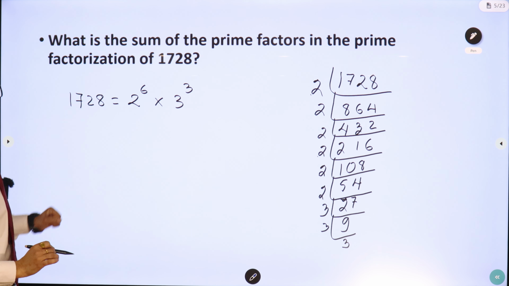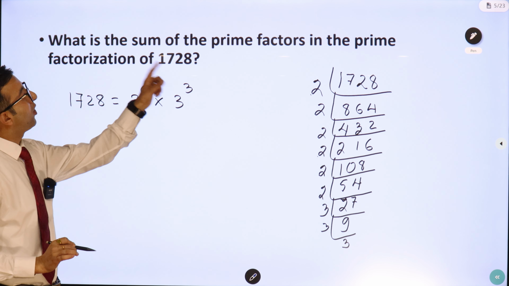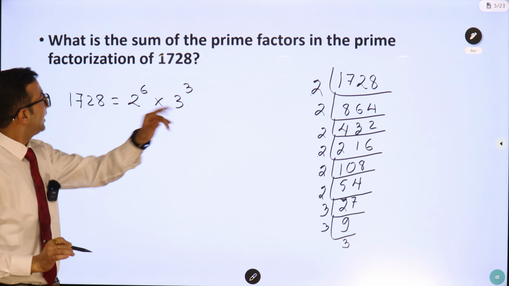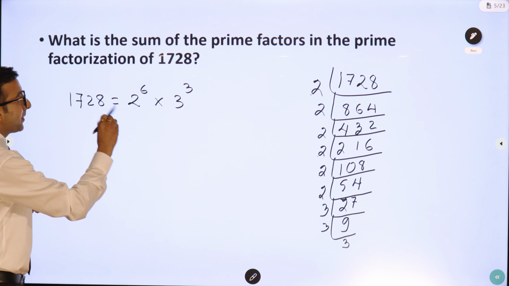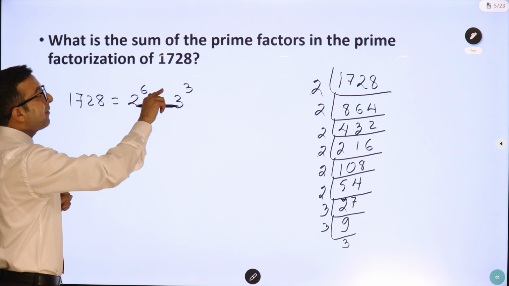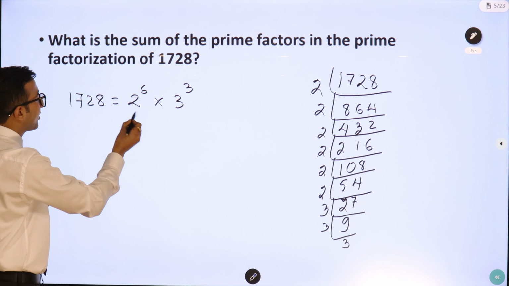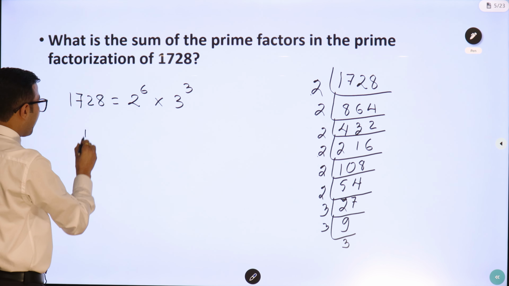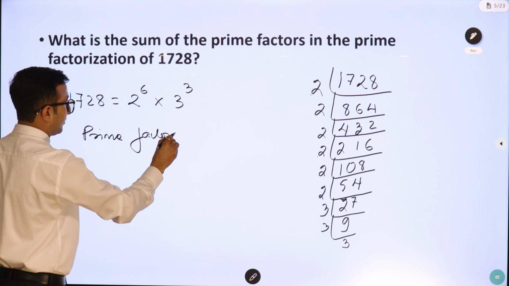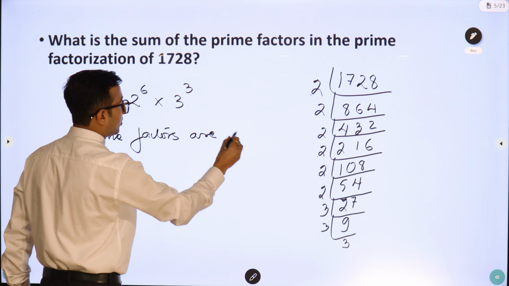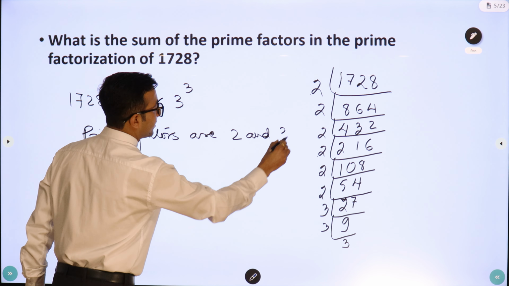Now what the question is asking is, what is the sum of the prime factors in the prime factorization of 1728? अब यसमा मेनली याद गर्नुपर्ने चाहिँ के हुन्छ, प्राइम फ्याक्टर जुन जुन यसमा प्राइम फ्याक्टर को हो भन्दाखेरि, it has prime factors 2 and 3.